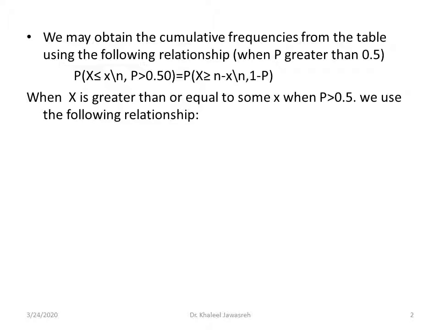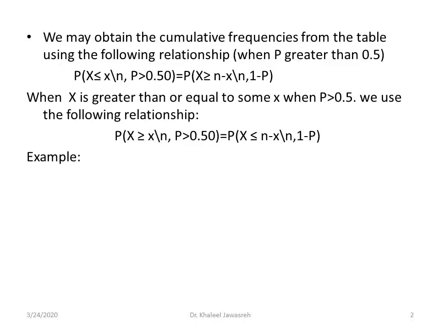When p is greater than 0.5, we use the following relationship. This is the main relationship to be used for solving such problems that have probability greater than 0.5.